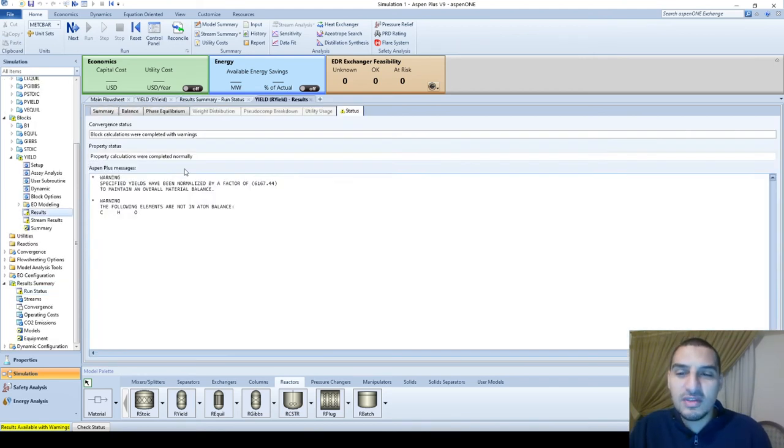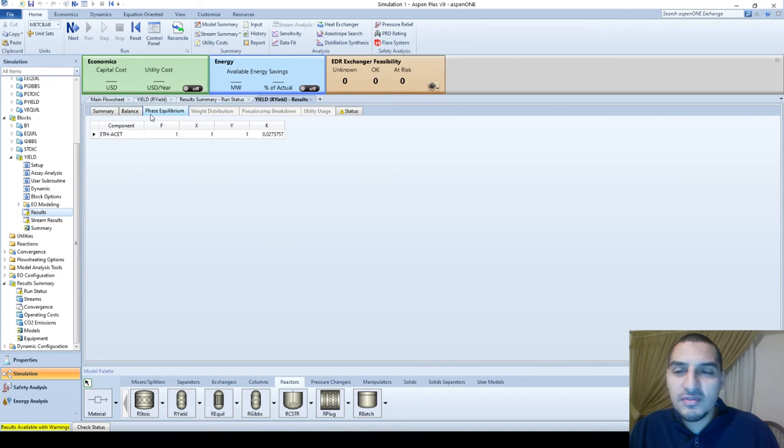If you go to the yield block, it tells you that some normalization has been made and that some elements are not in atom balance. And I don't think you'd find this atom balance error in any other block in Aspen Plus except this one. If I take a look at the phase equilibrium, it's not going to be of any use for the balance.